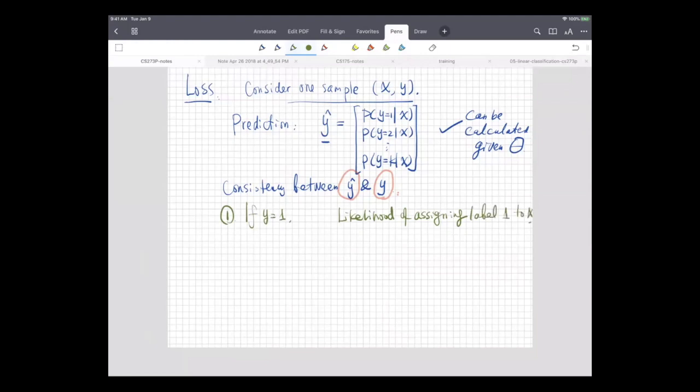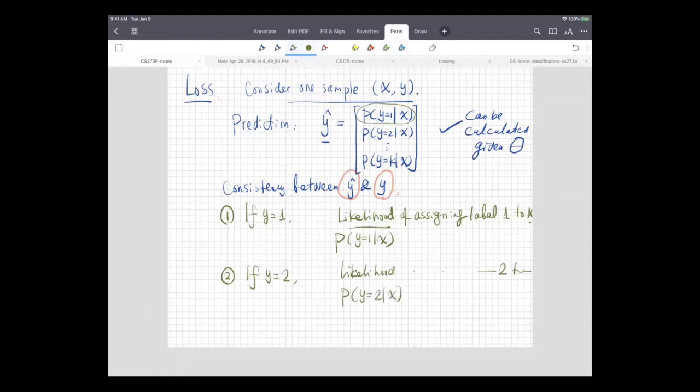The likelihood is calculated based on the first component of this vector, that is, the probability of y equal to 1 given x. That's the likelihood according to my model. Similarly, what happens if y equals 2? The likelihood of assigning 2 to x is the probability of y equal to 2 given x.